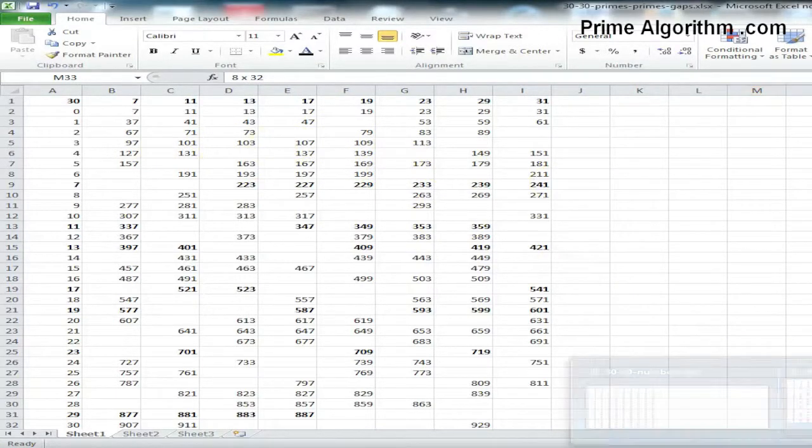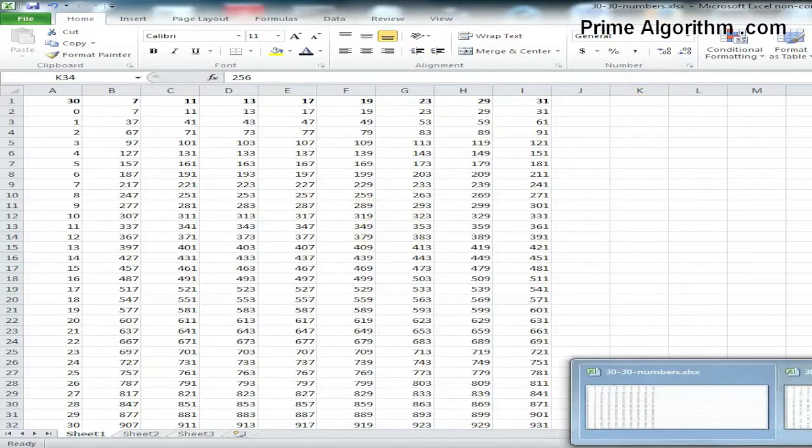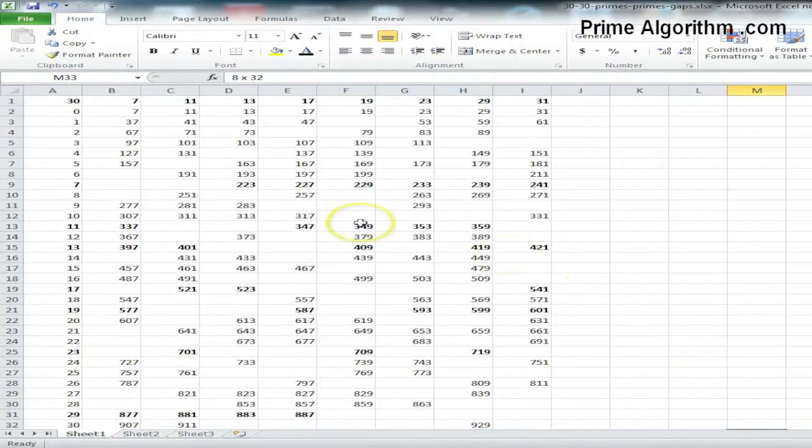So you can see how we went from 256 numbers, the total potential prime field, into the reality of 160 numbers, or 62.5% of these potential primes were actually primes. That is very simply the 30 mod algorithm.